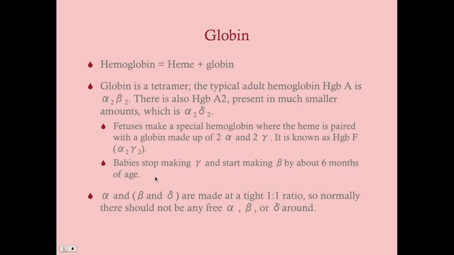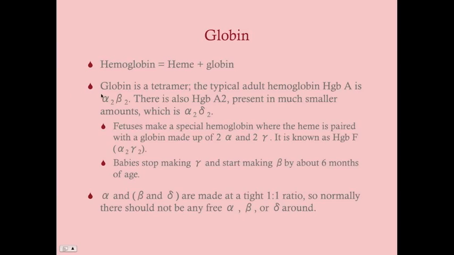Now, alpha and the combination of beta and delta, beta to a much higher extent, are made at a very tight ratio, 1:1. Why? Because for hemoglobin A or for hemoglobin A2, you've always got 1 alpha per 1 beta, or 2 alphas for 2 betas, 2 alphas for 2 deltas.